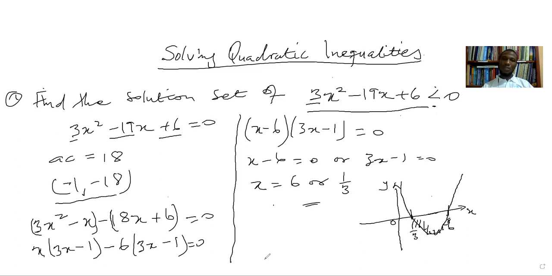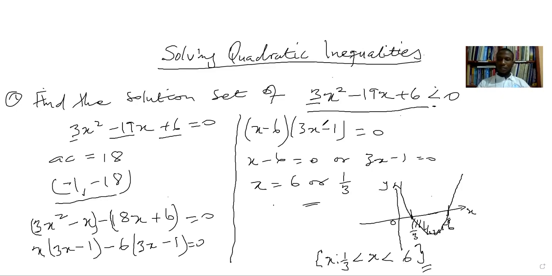So because we should find the solution set, we are going to conclude that therefore x is such that, remember the numbers are between 1 over 3 and 6, so x is such that 1 over 3 is less than x, which are the set of our values or our range of values, which are also less than 6, and this becomes our answer for this question 1.